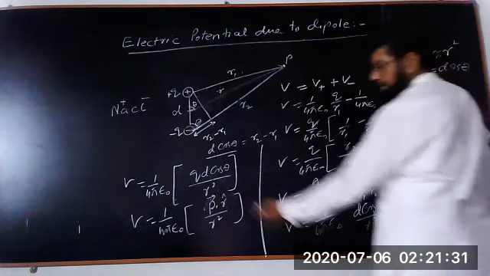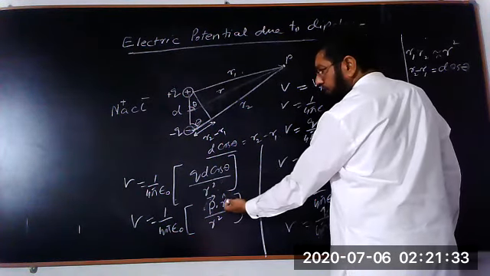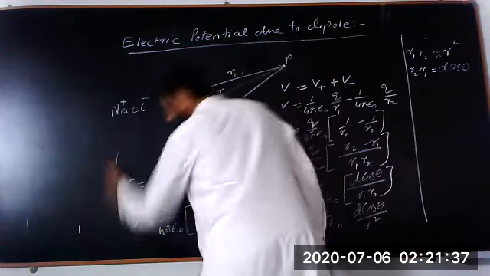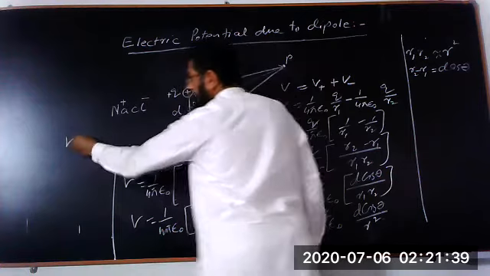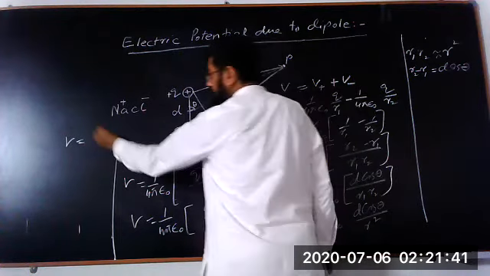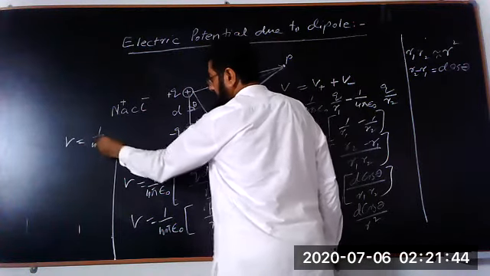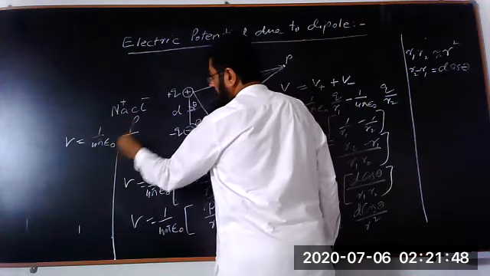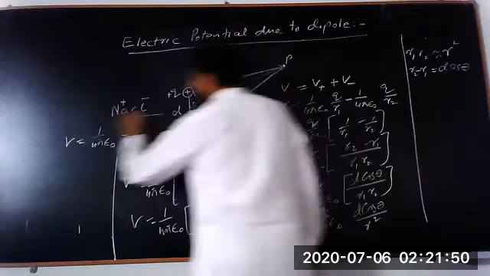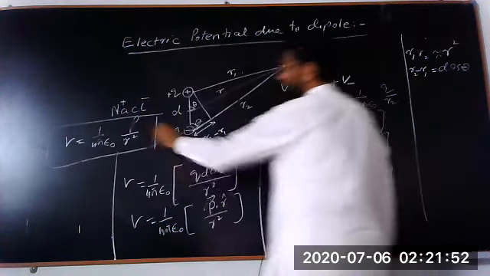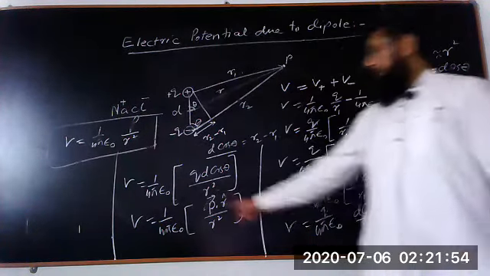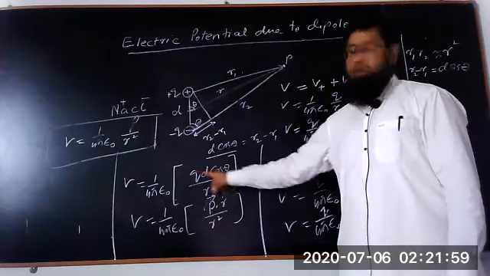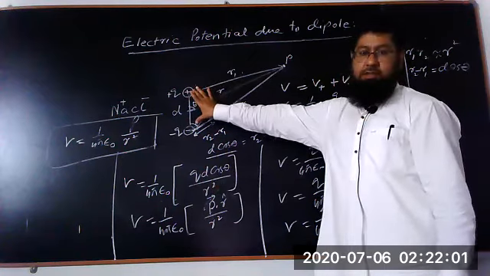Here the unit vector has magnitude 1, so in general this can be written as V is equal to 1 upon 4 pi epsilon naught P upon R square. So this is the potential due to the dipole, and P is known as the electric dipole moment, which is the product of the charge and the separation between the charges.